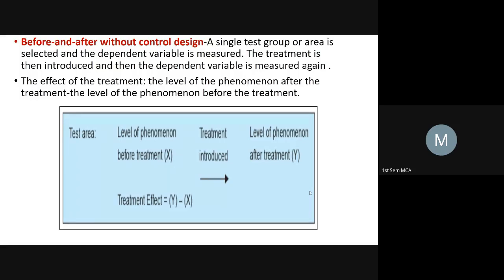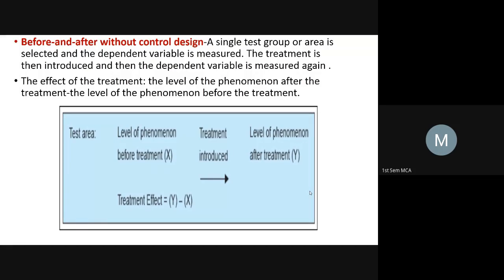That means there is an improvement. The treatment effect, the impact, is 10%. So 90 minus 80, it is 10%. So the treatment here is nothing but your invited talk.